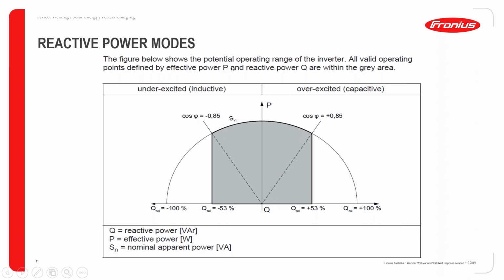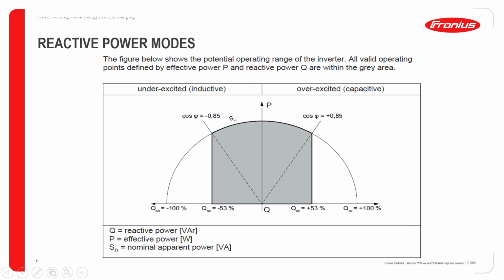For the Fronius inverters on the Galva, you can set it from negative 0.85 to positive 0.85. With some other inverters, you can go as low as 0.8 or 0.7, so negative 0.7 to positive 0.7. Always look at the data sheet to see the power factor range for that inverter.